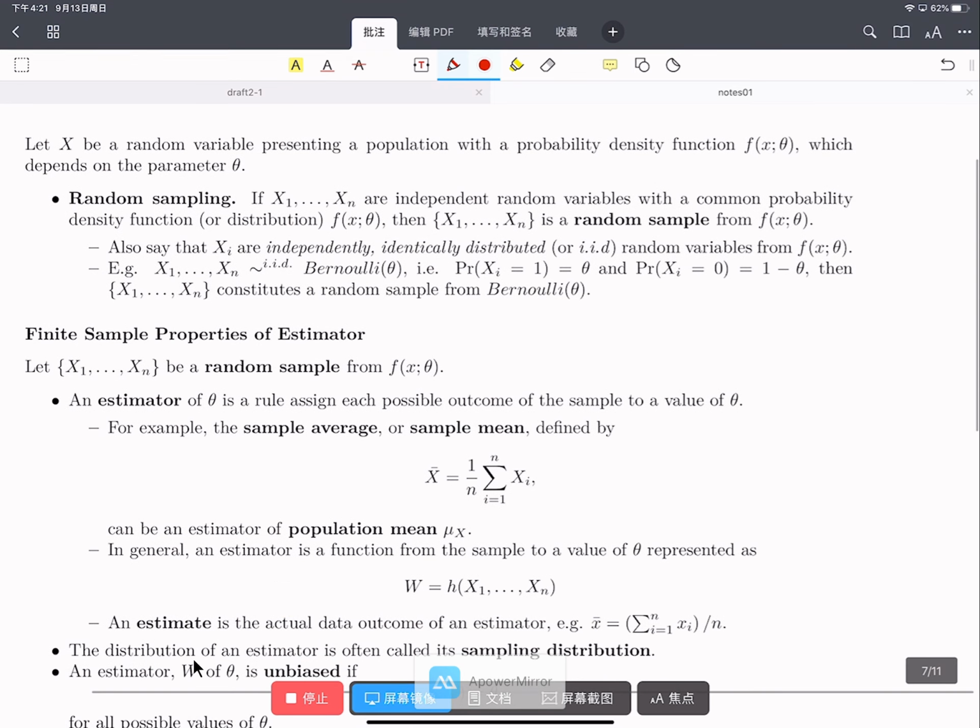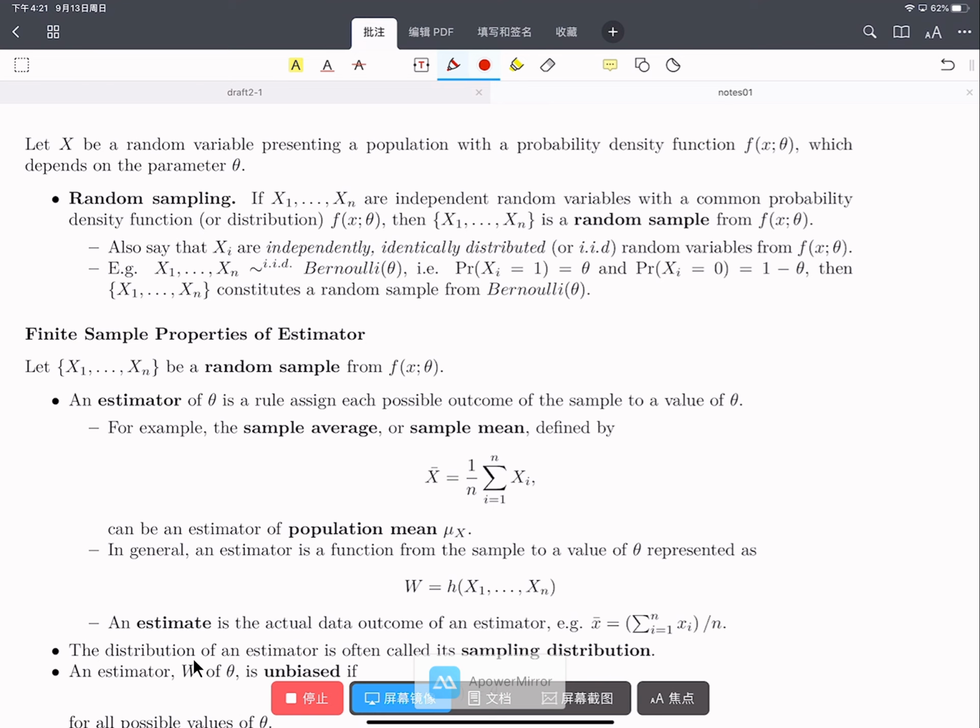So let's think of a more specific example. For example, you want to know the average wage of all the workers in the factory. In this case, the population is all the workers in the factory, and the parameter that we are interested in is the average wage of all the workers.